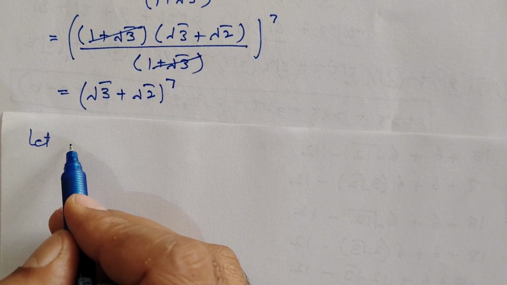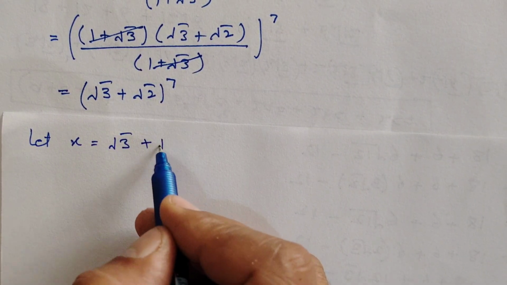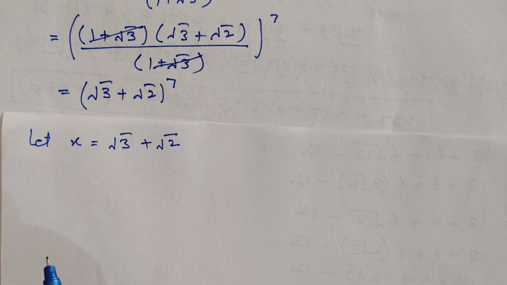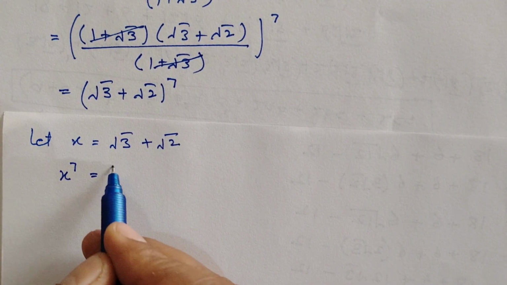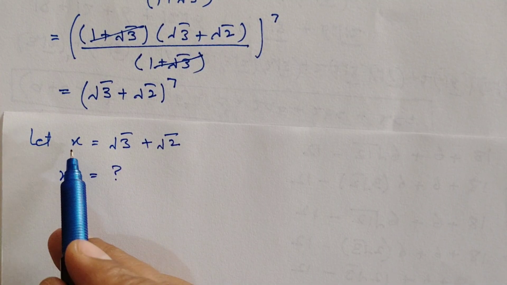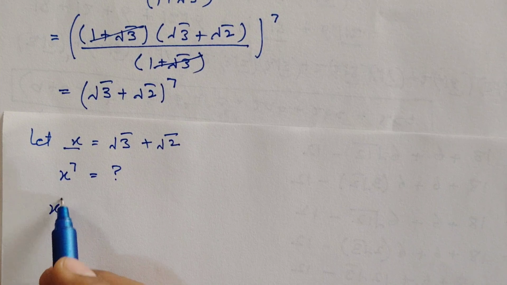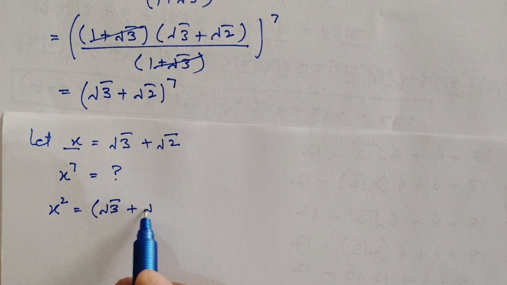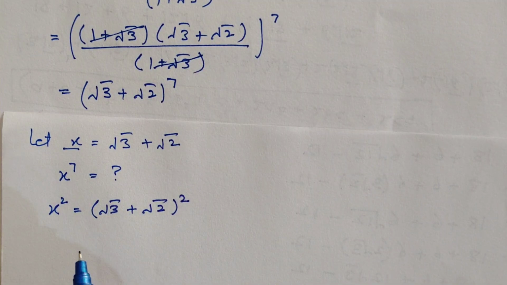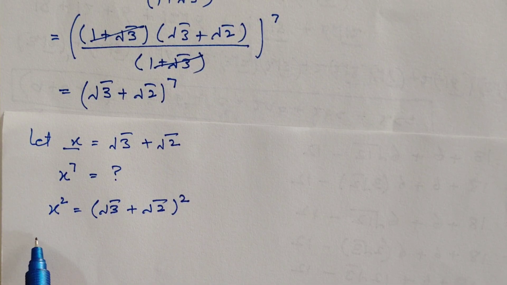Let's suppose x is equal to square root of 3 plus square root of 2. Now further we are going to find the value of x power 7. Now take the square of x. X square is equal to square root of 3 plus square root of 2 whole square. Here this one is a plus b square. We expand this one.